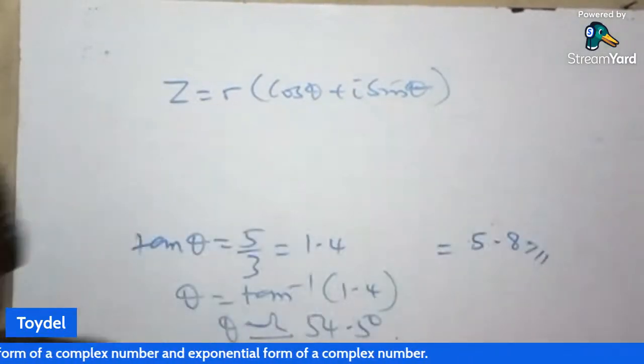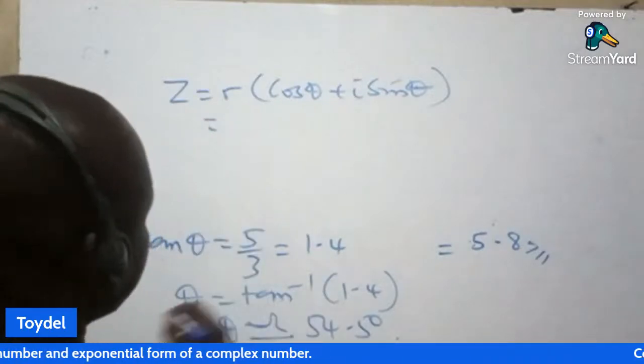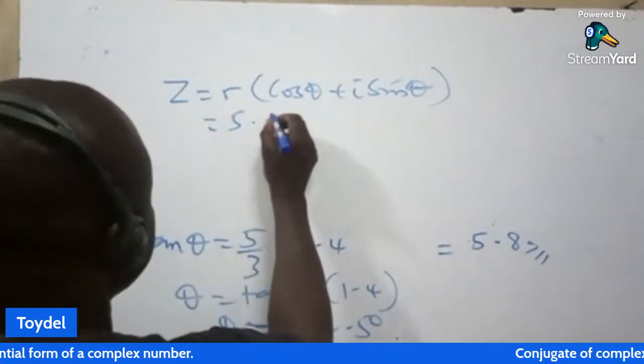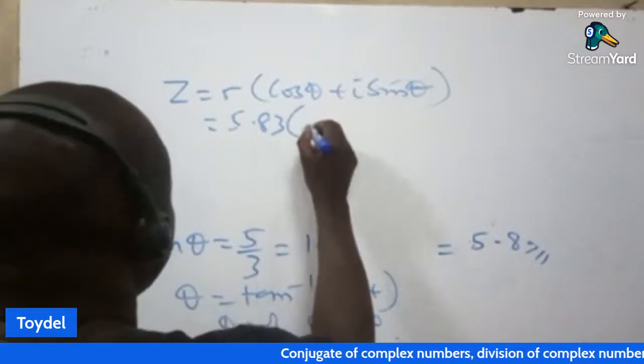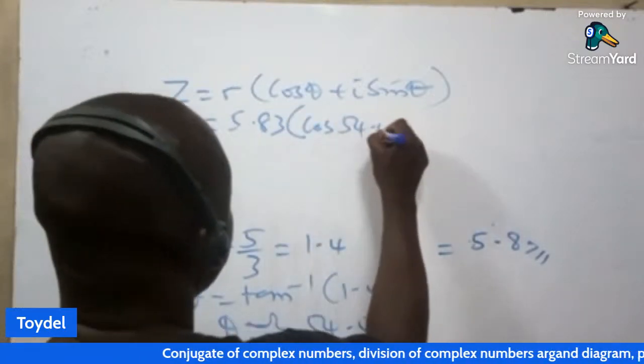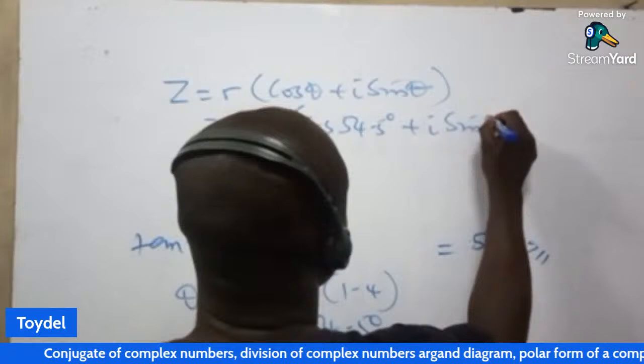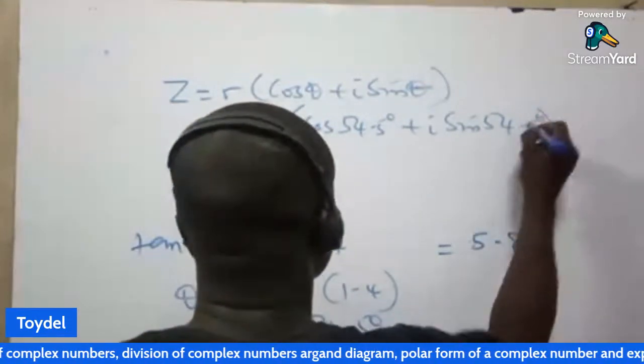Then I just substitute. What is r? r is 5.83. So z equals 5.83 into bracket cos 54.5 plus i sin 54.5 degrees.